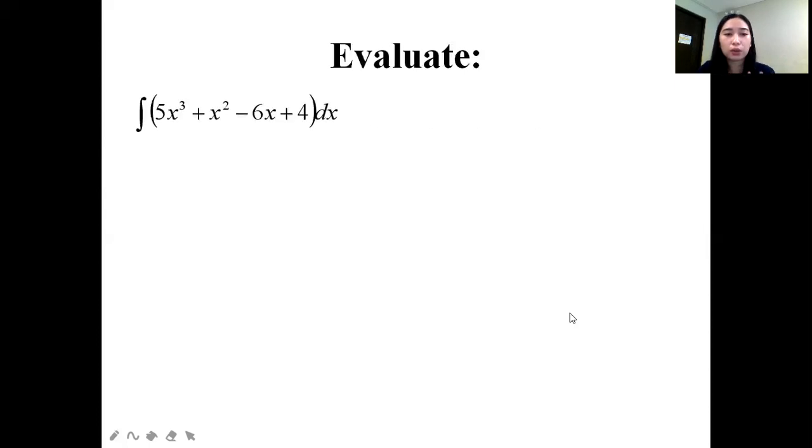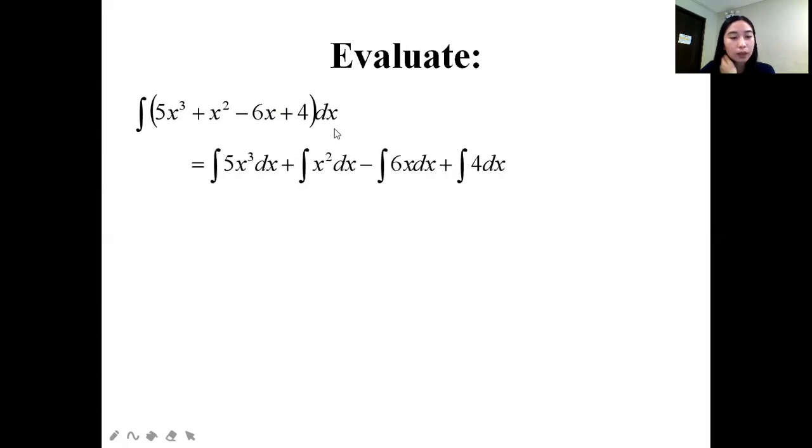So now we're going to evaluate the following functions. We're going to evaluate the integral of 5x cubed plus x squared minus 6x plus 4 dx, using the simple power formula, x to the n plus 1 over n plus 1.